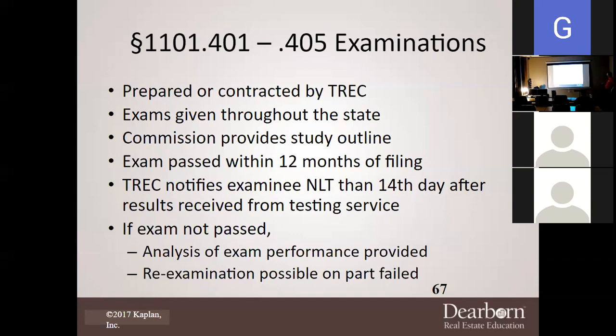So TREC does notify the examinee that on the 14th day after receiving the results from the testing service, they'll finally tell you. In reality, TREC basically gives it to you right away. If the exam is not passed, there's an analysis of the exam performance, so it breaks down where you're weak and where you're strong. And re-examination is possible on the part failed.